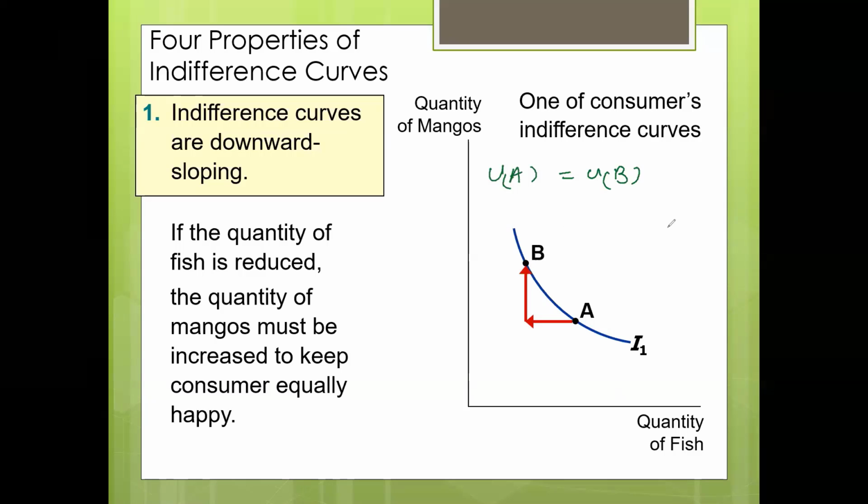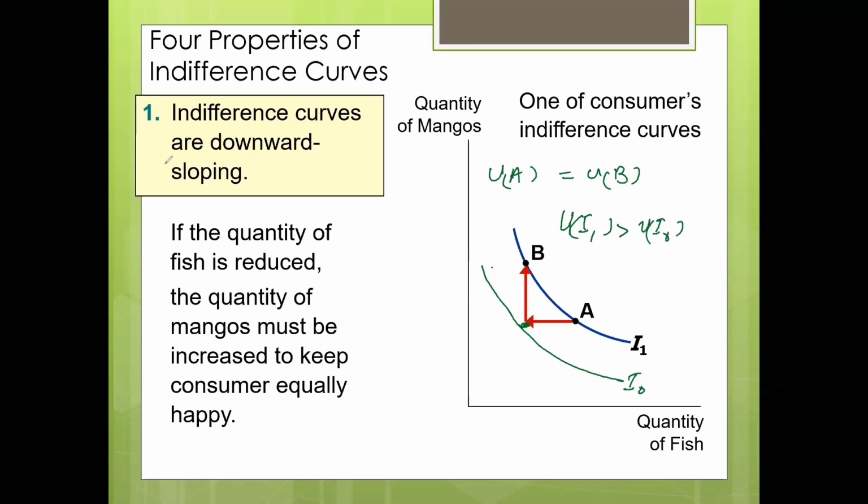Otherwise, what will happen if you don't give him the bundle B? He will stay here and he will be on this indifference curve, which has lower value. So utility from I1 is more than utility from I0. So this way we are talking.